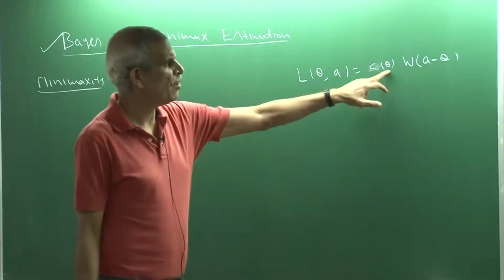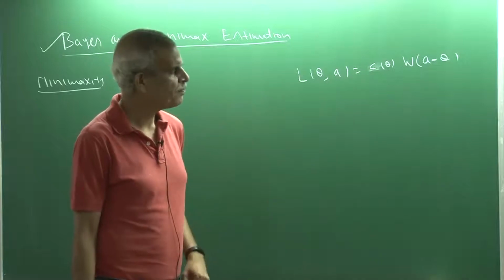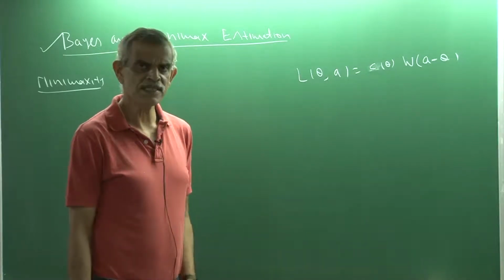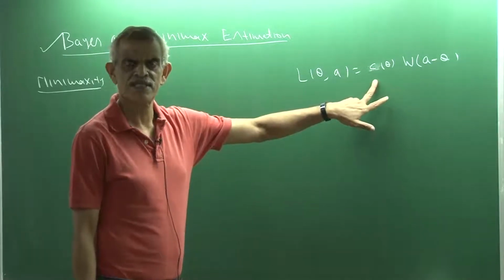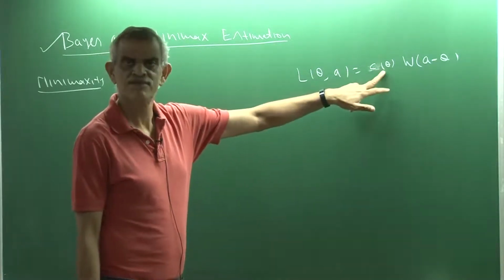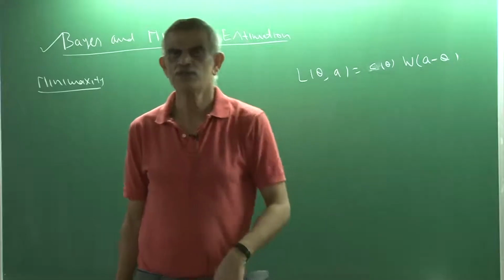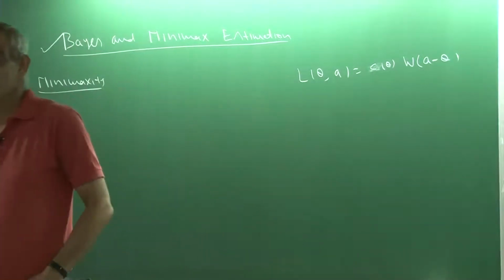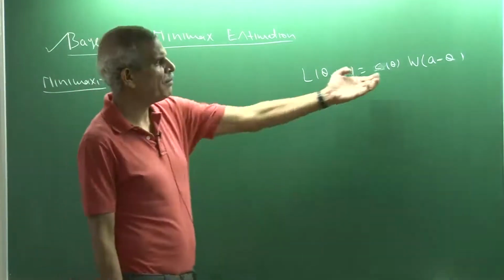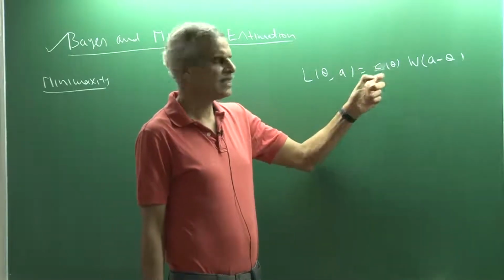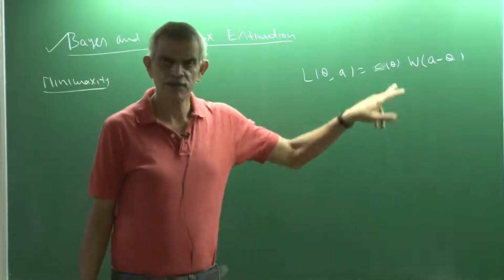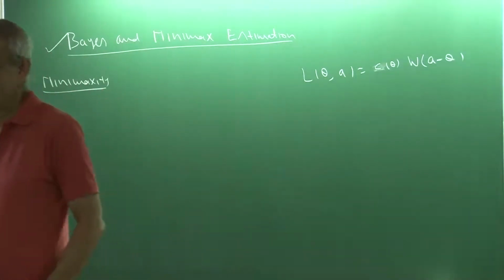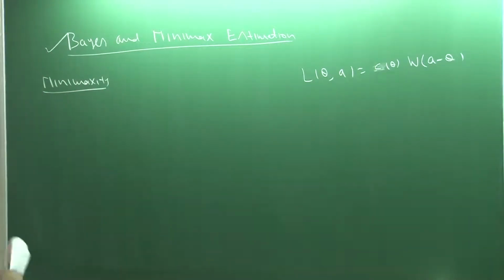So this would be common to the risk of all the estimators. But when we talk about the Bayes estimator, we talk about the average loss in a certain sense, and the average is over theta. So this c theta would play a role when I take the averages over all thetas. Similarly, in minimaxity, this c theta will play a role when I take the supremum.